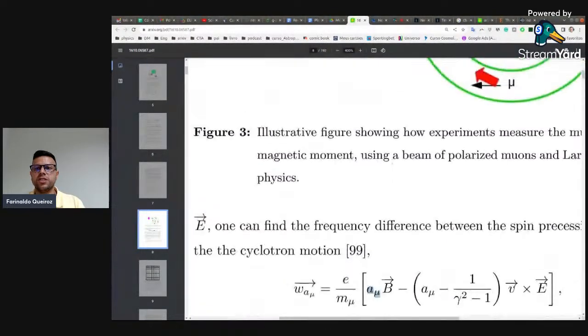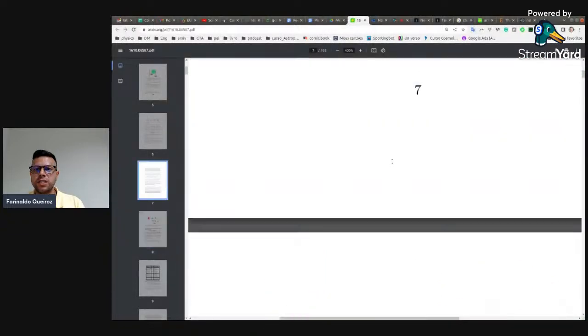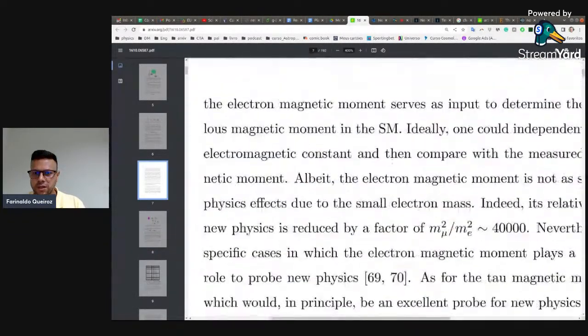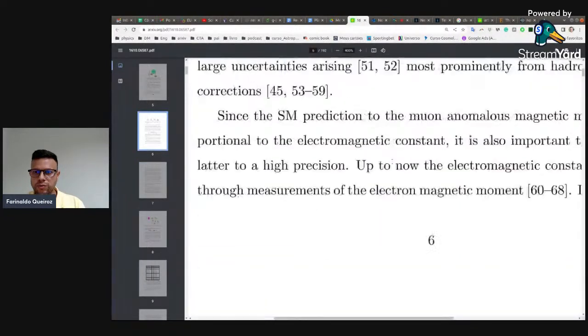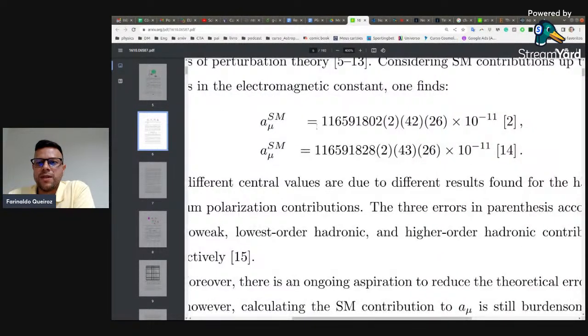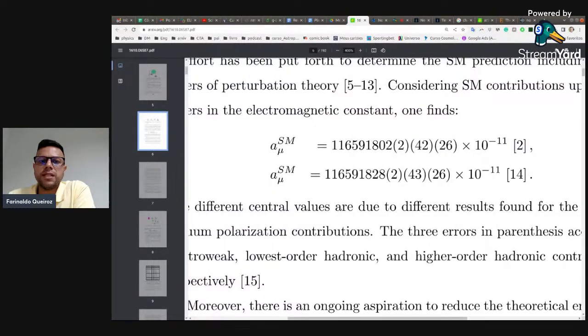And now check this out. Look at one of the old results related to G-2. So the Standard Model prediction was in this case, and these things depend precisely on some uncertainties, right? Look at the numbers: 116,591,802.